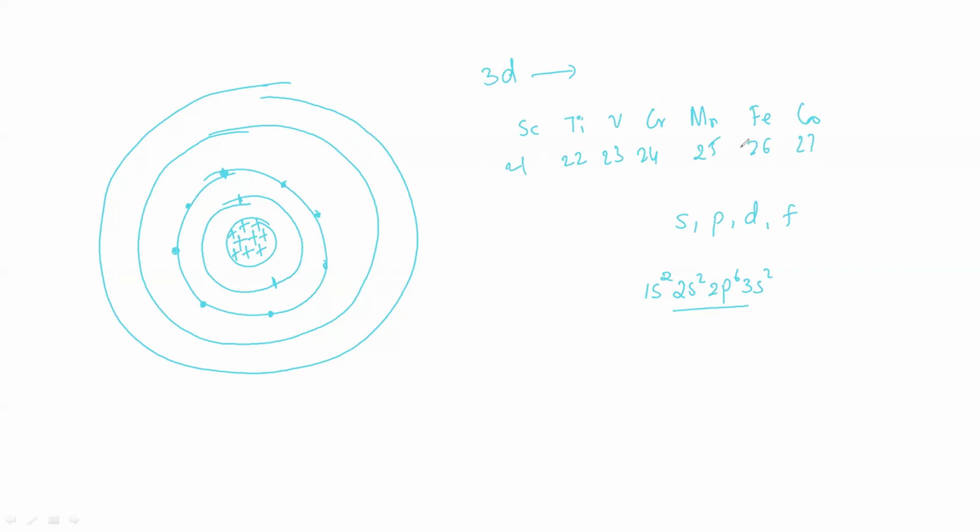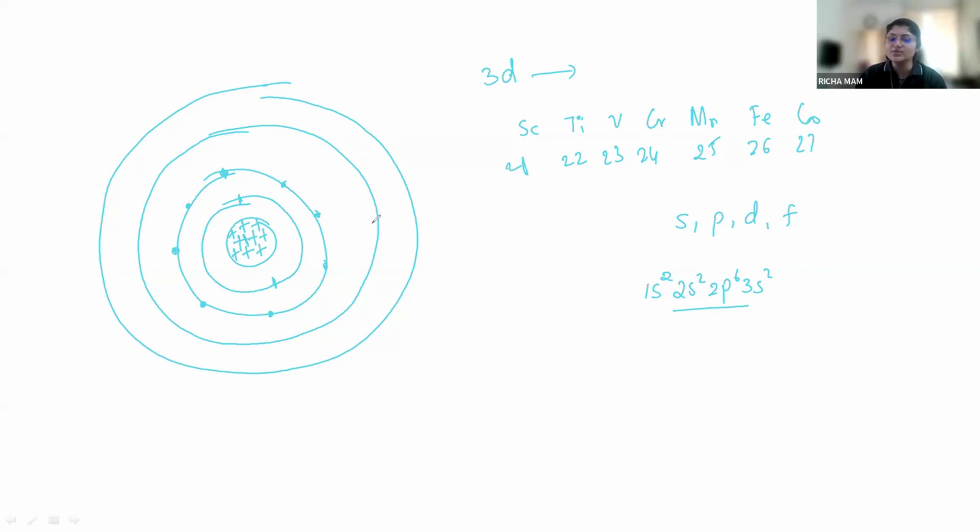Like this, one electron is increasing as you proceed here. As you're moving, one electron is added into the last shell. So what will happen? What is this shielding effect?